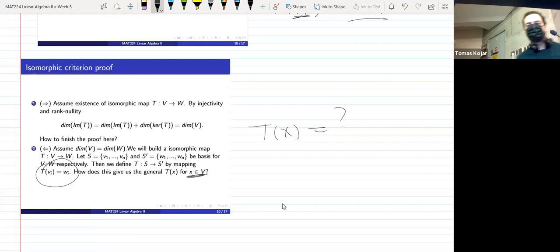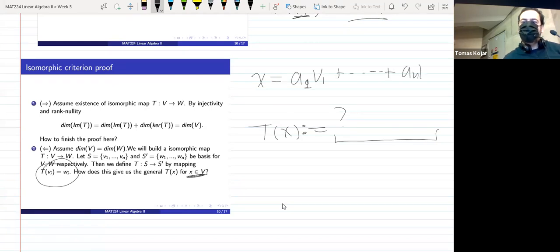Here or in the chat, can you tell me what I should put on the right? Yeah, exactly. So x is equal to a1 v1 plus ... plus an vn.